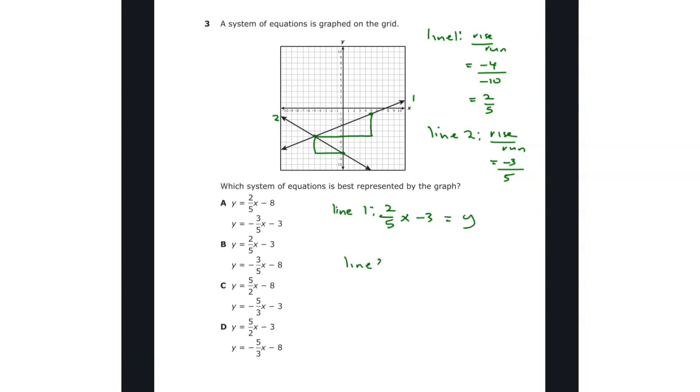Line 2, I can easily say y = -3/5x - 8. So let's look at which of these answer choices give us these functions. So 2/5x - 3, -3/5x - 8. So that's that.